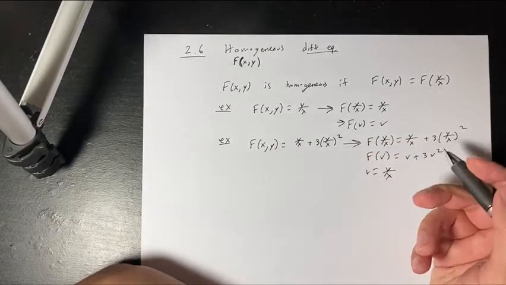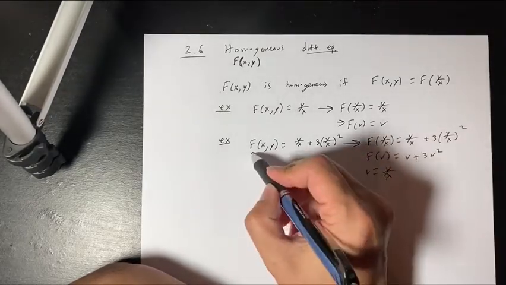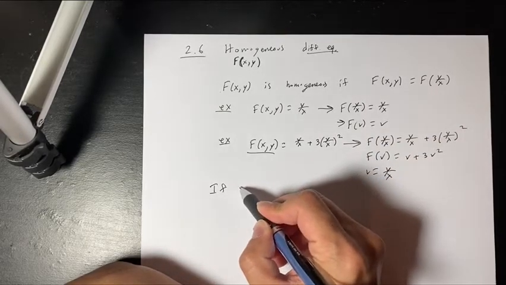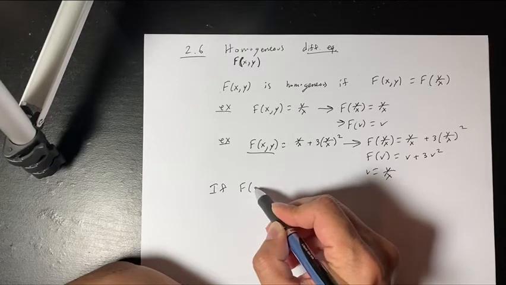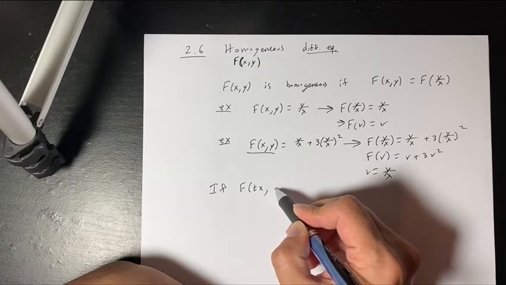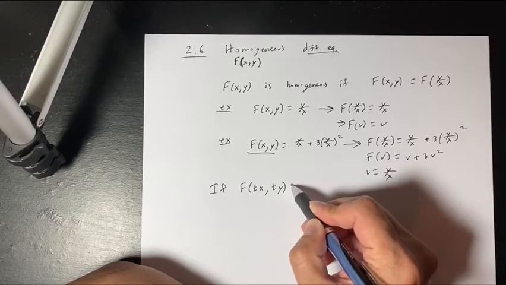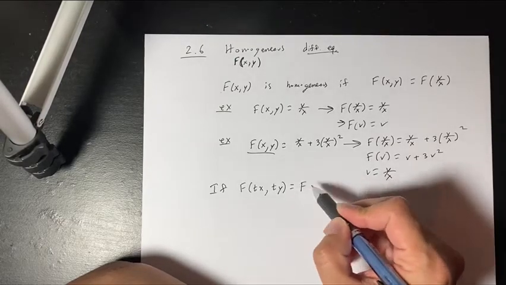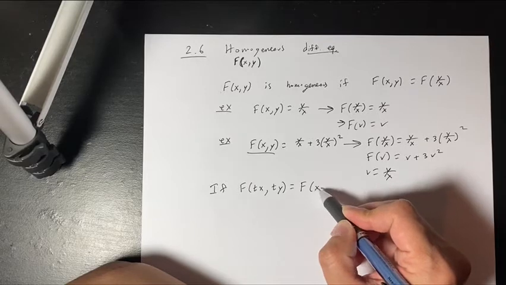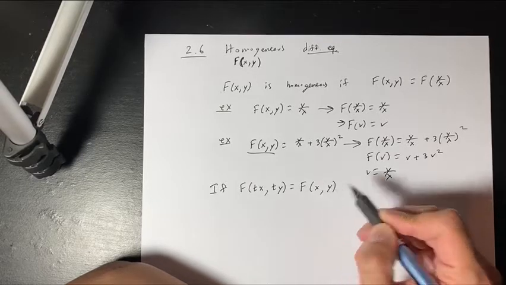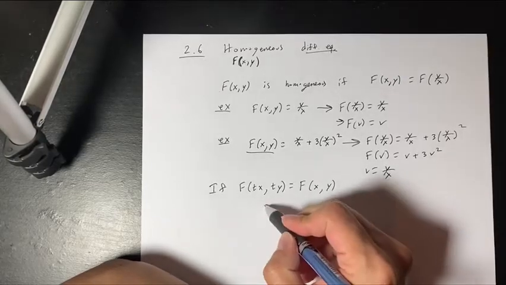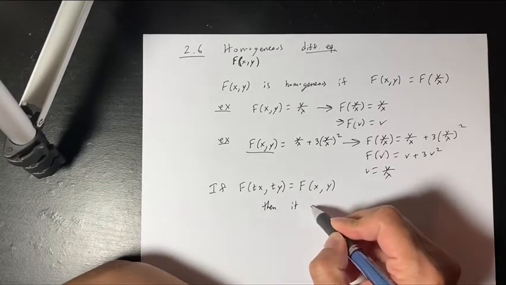Another way to define what a homogeneous function is: it contains a property that if you take that function and you scale it by a factor of t, the t will just cancel, leaving you just the f of xy, then it is homogeneous.